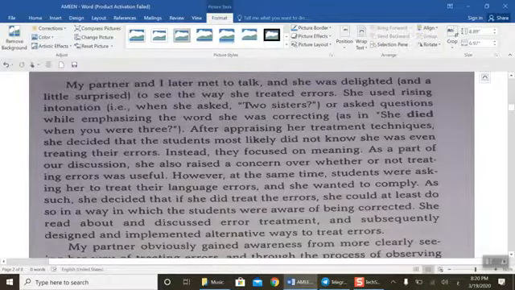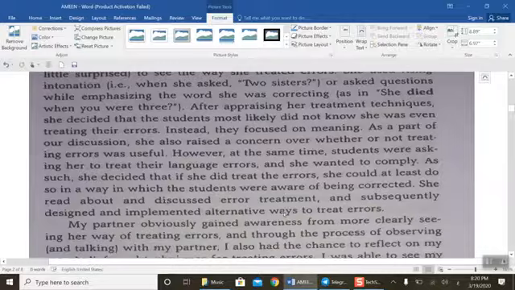إذا كان ما قرأنا read and discuss error treatment and subsequently designed and implemented alternative ways. إذا قرر مثلا أستاذ علي كأنما design and implemented alternative، بديلة يعني alternative ways to treat errors, new ways to treat errors.